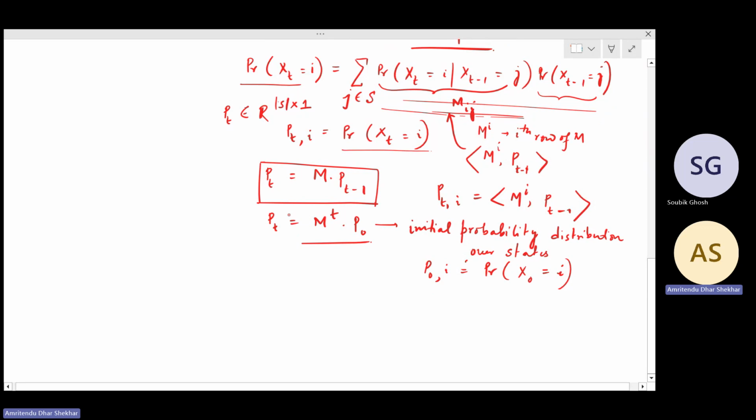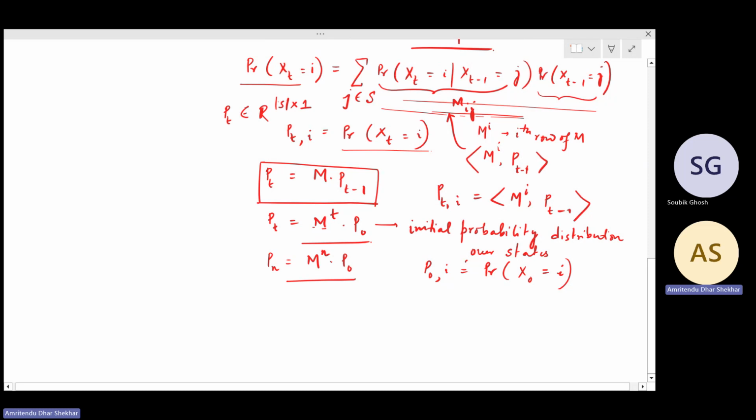Sometimes in the literature, instead of this matrix M, we consider the transpose of this matrix. So instead of calling it pt, let's call it pn. Pn equals M to the power n times p0.